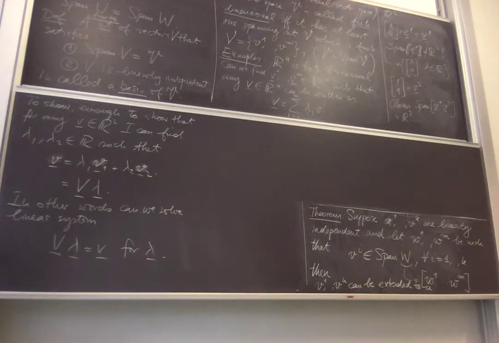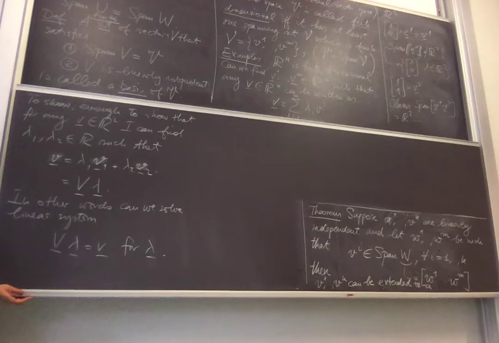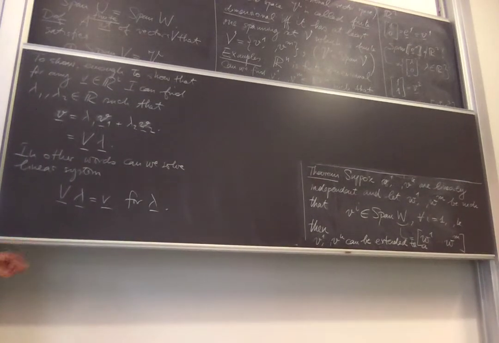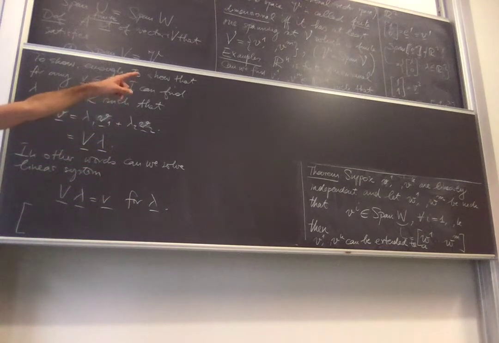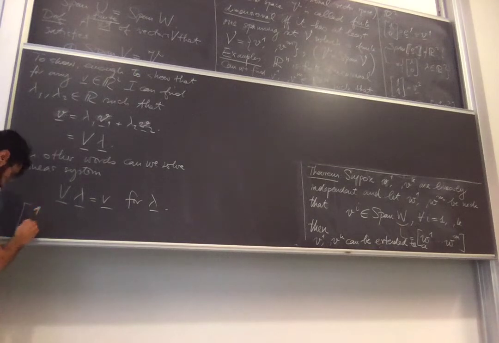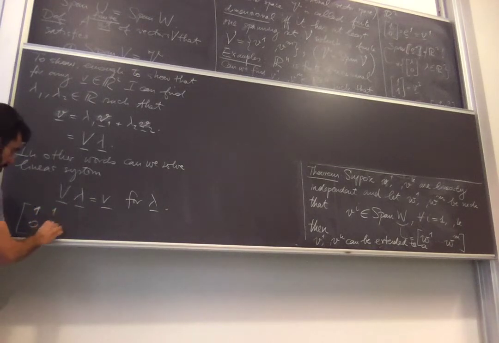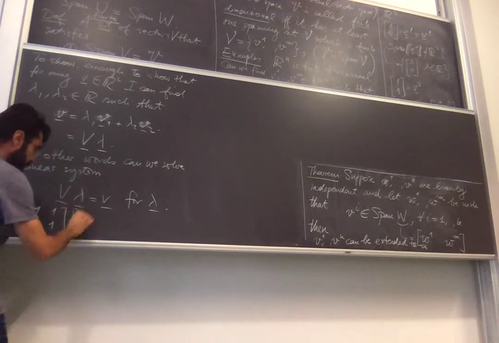You always solve for some variable, so here we're going to solve for lambda. What is V here? Remember, V is the matrix with columns V1 and V2, because that's what we're doing all along. So can we solve this system here?